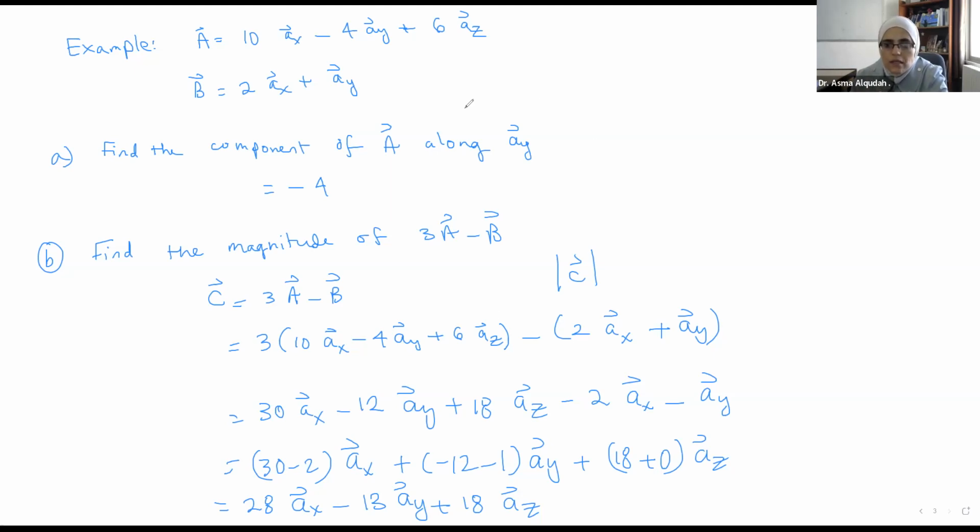How do we find the magnitude of c? It's equal to the square root of 28 squared plus 13 squared plus 18 squared. So this should give us a result.